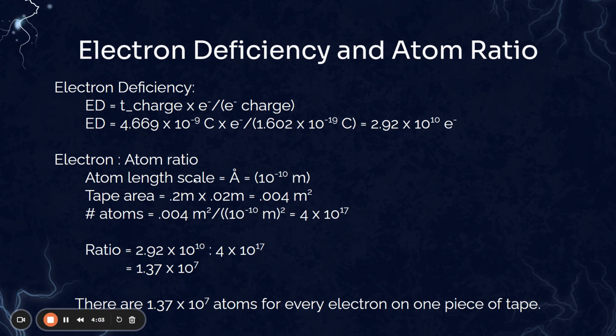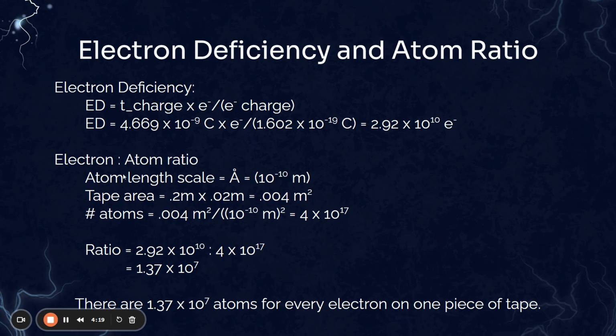For the atom ratio, we used the atom length scale squared and the tape area, which we got by multiplying the length by the width, and we're assuming that the height is just 1 atom.